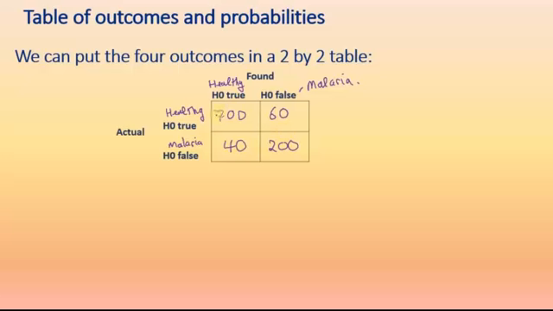Most of the time, the patient doesn't have malaria and RDT clears them. Sometimes the patient has malaria and RDT finds it out, but sometimes RDT makes a mistake. So this 60 is actually type 1 error, right? Type 1 error is the false rejection of a null hypothesis. And this 40 gives me my type 2 error.